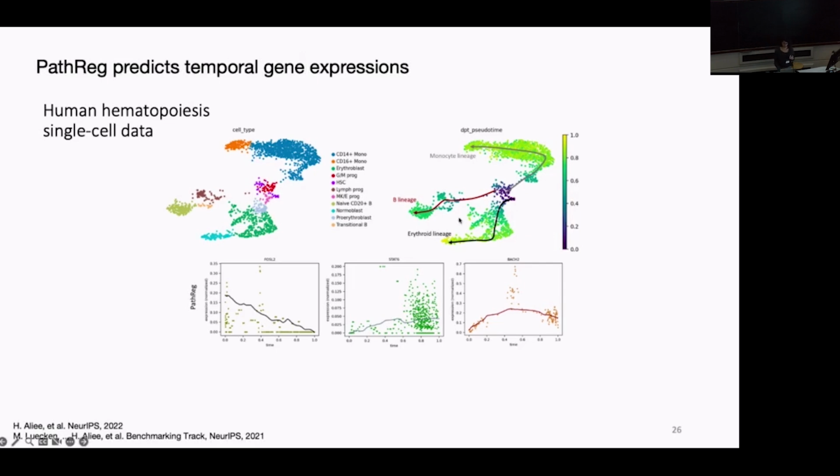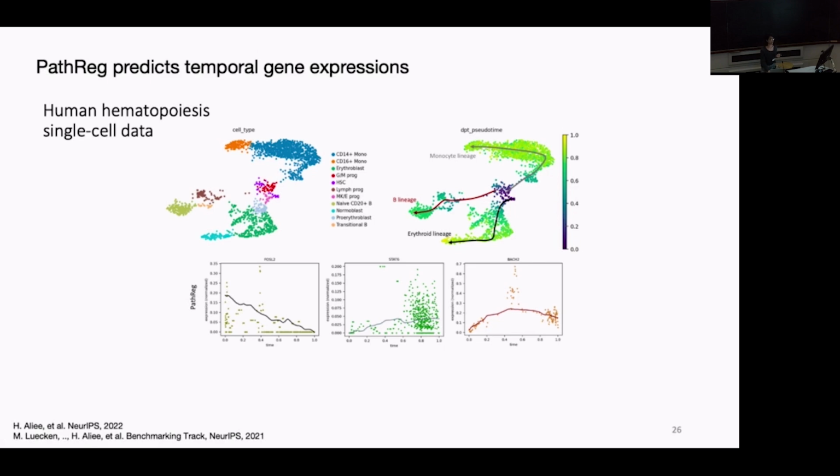So I looked into the human hematopoiesis single cell data, where the stem cells differentiate into 3 different lineages, as you can see here. And I'm showing you only 3 genes per branch, and their expression and also the prediction of the model. So it seems like the prediction works well, even though the data is quite noisy.